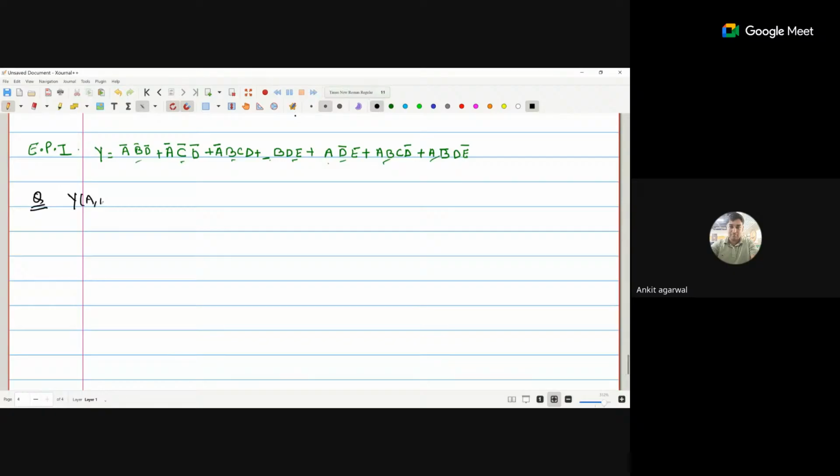So F of A, B, C, D is equal to sigma m 0, 1, 3, 5, 6, 8, 11, 12, and 15 plus sigma d 2, 7, 14.